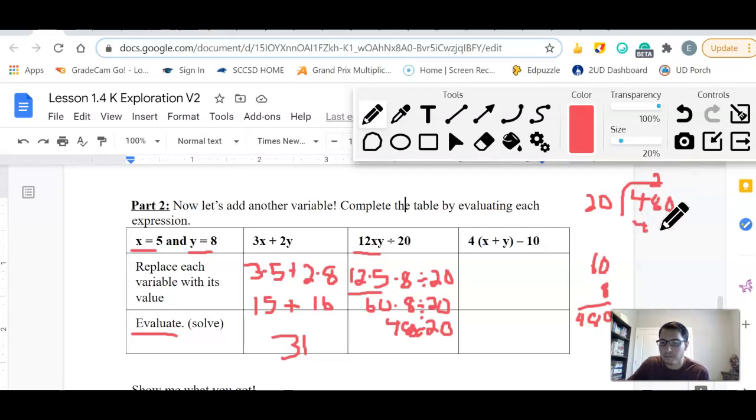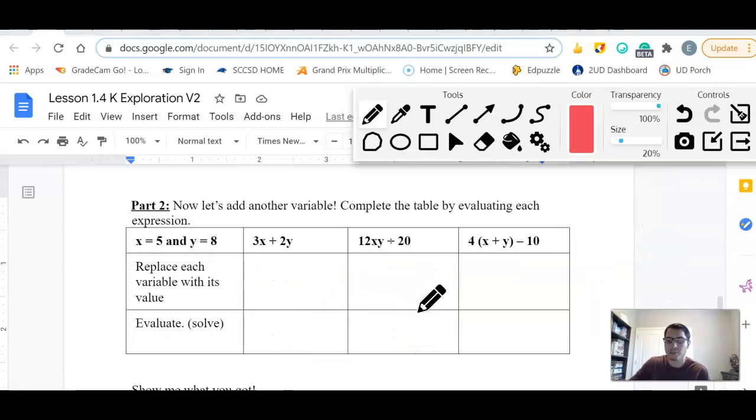That's 40. Left with an 8. Bring down my 0. 20 goes into 80 4 times. That's 80. Get 0. So my answer is 24. Okay, go ahead and give the last one a try on your own.